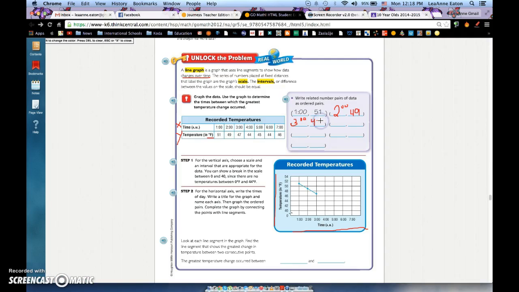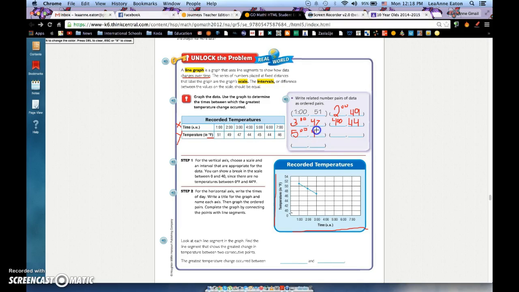Do we notice what the trend is so far? Hopefully you notice that as the day goes on, it is getting colder. So when I said it was a typical spring day, it actually might be kind of a typical fall day. At 4 o'clock, it is 44 degrees. And at 5 o'clock, it is 45 degrees.